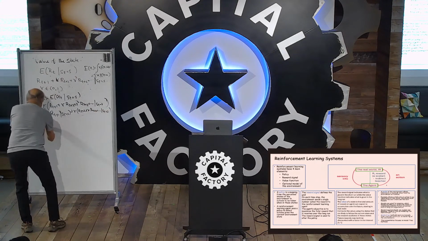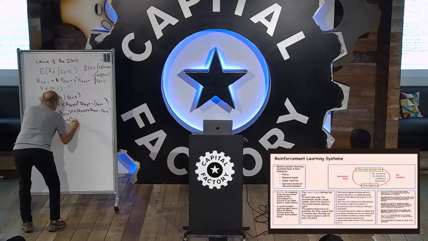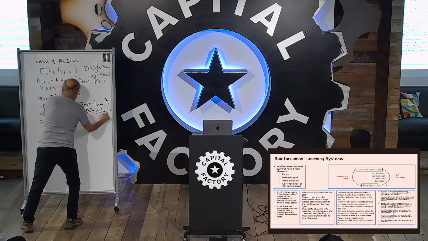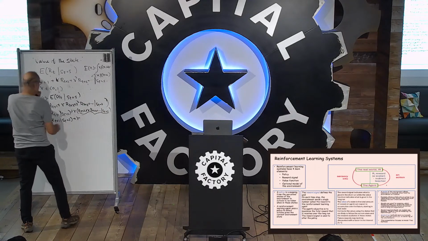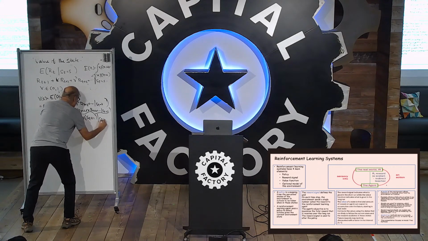So I can write it as the expectation of Rt+1 given St equal to s, plus gamma times this. This is very similar to this, so I can write it as V of S at t+1 given St equal to s.